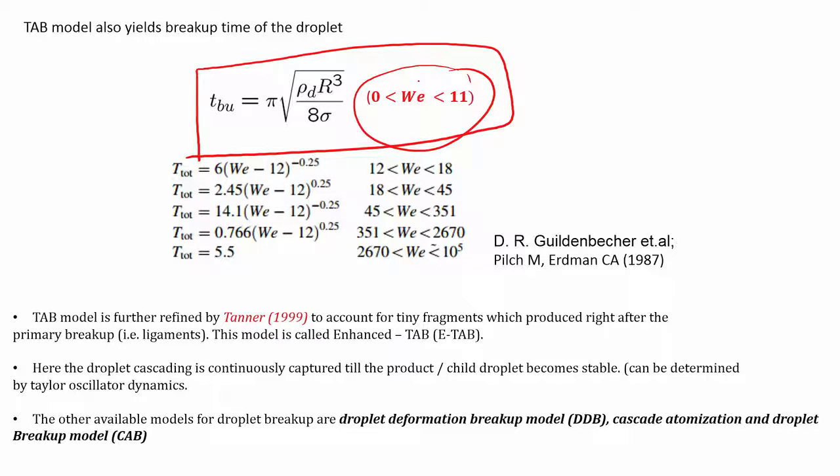As you can see, if you have a very low value of surface tension, what will happen, and what happens when you have, let us say, a small droplet? That can be left as a homework kind of exercise, where you try to visualize what will happen to the total breakup time.